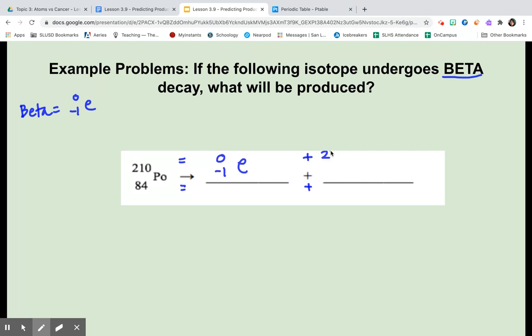Well, this one's pretty straightforward. 210 plus 0 will give me 210. Now, this one's a little bit trickier. Negative 1 plus what will give me 84? Or I can think of this as what number minus 1 will give me 84. Well, 85 minus 1 will give me 84.